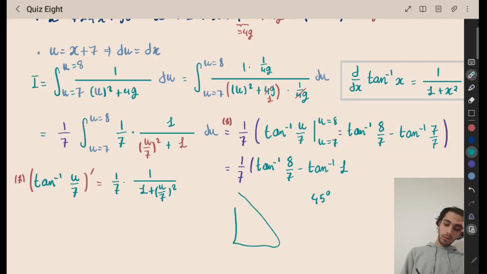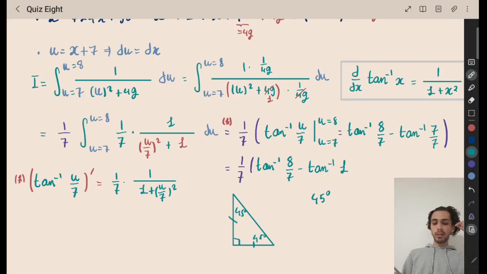Because in a right angle triangle with 45 degrees, this side is equal to that side. So if you take the tangent, it's always the opposite divided by the adjacent. And if the opposite is equal to the adjacent, like we have here, no matter what angle you take, then you would get the ratio, which is the tangent, to be 1.